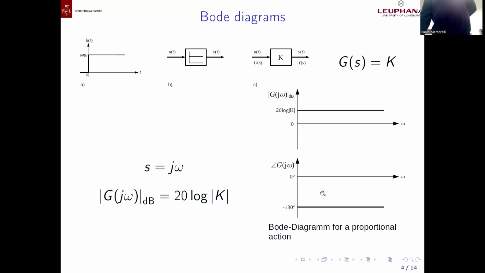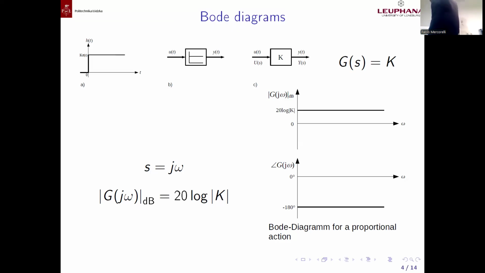This means minus 180 or plus 180, but not 0. I don't know if you remember this. Minus 1, the real part minus 1, lies in the complex plane on the real axis, but in the negative part.